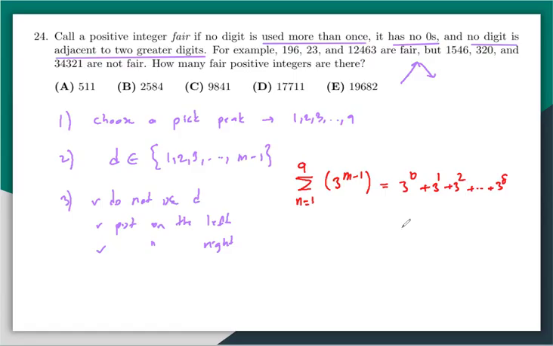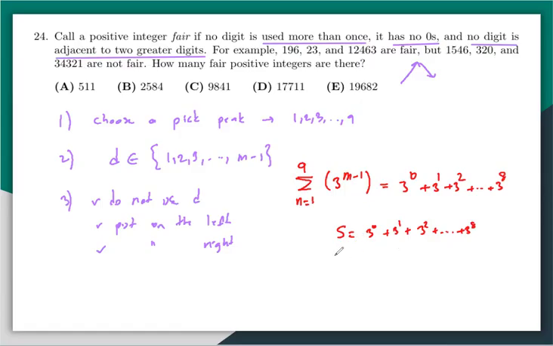And this is a geometric series, so I can just say a over 1 minus r. I can use that, but r is not less than 1, which is why we cannot use that form. But if you remember the geometric series formula, you can just apply it because that will be easier. If you don't know it, let's say S is equal to 3 to the 0 plus 3 to the first, 3 to the second, all the way to 3 to the 8th.